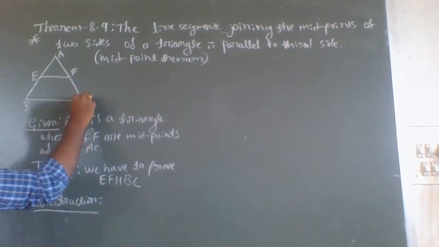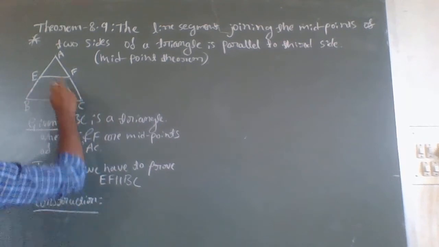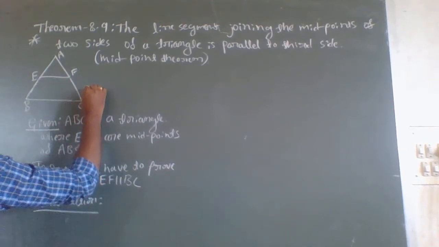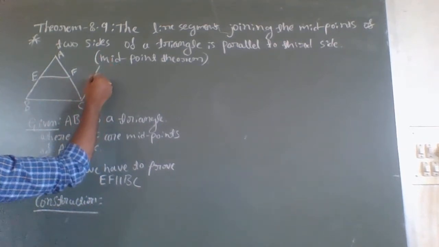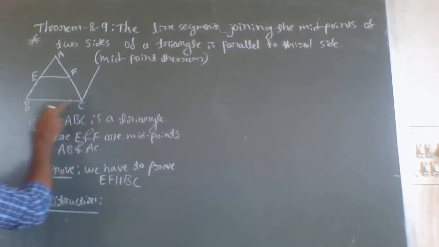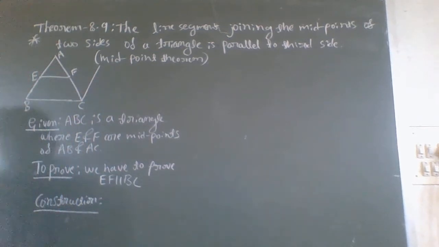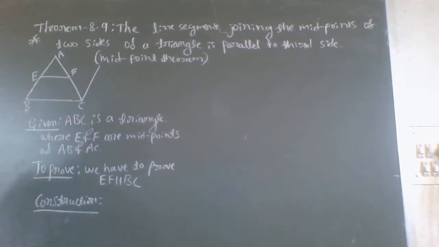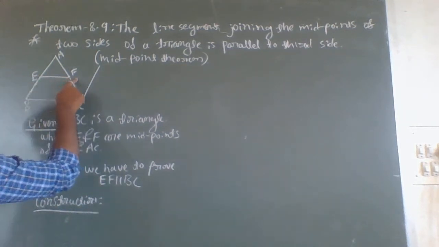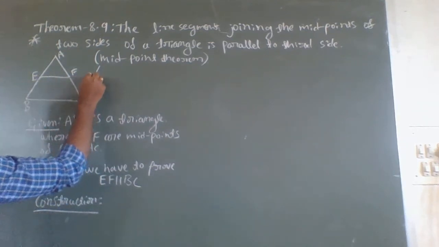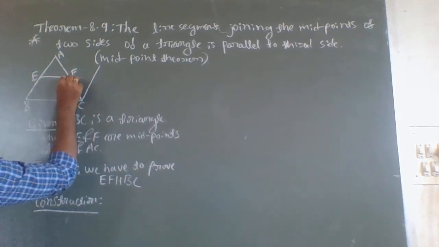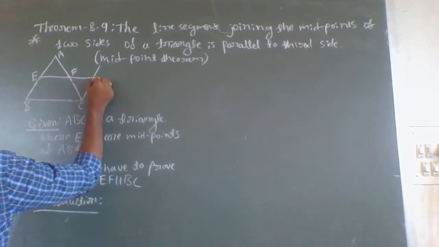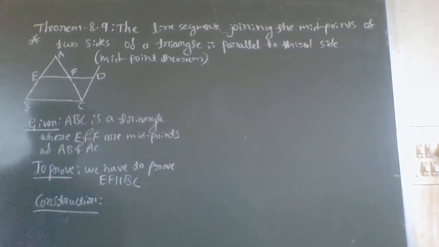First I will draw one line through C which is parallel to AB. And here we should extend this EF to meet at D. So here we will extend this EF to get point D.